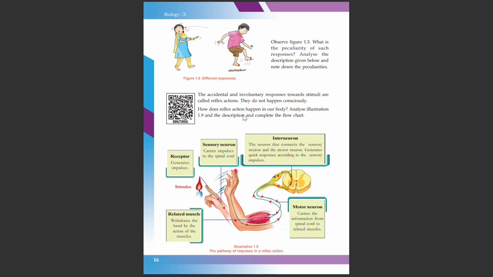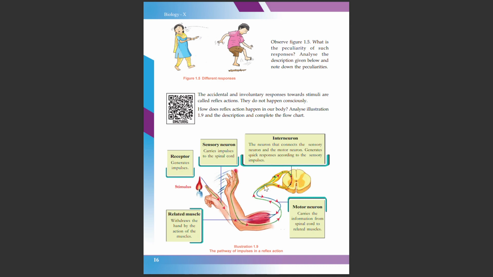So how do they work? If you touch a stimulus, be it a thorn, an animal, an insect, or fire, the receptor will sense it and generate impulses, and the impulses will transmit through the sensory neuron and reach the interneuron junction where it connects to the motor neuron.